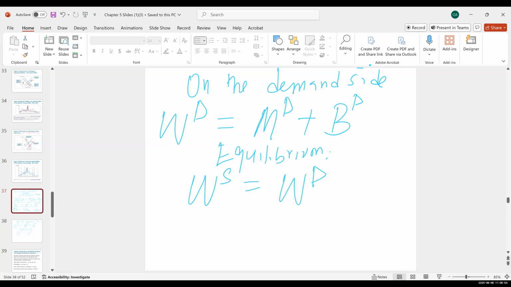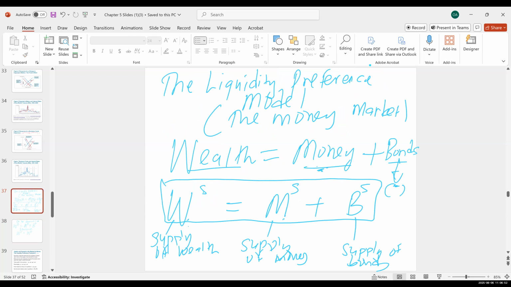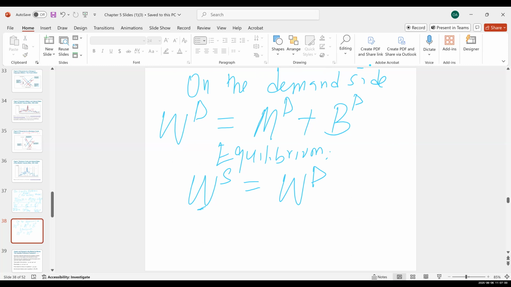But remember, the supply of wealth, WS, is given as the supply of money plus the supply of bonds. So when we substitute that here, the supply of wealth is given as MS plus BS. Then we set it equal to the demand for wealth, which is equal to these two. So that's equal to MD plus BD. That's equilibrium, according to Keynes.